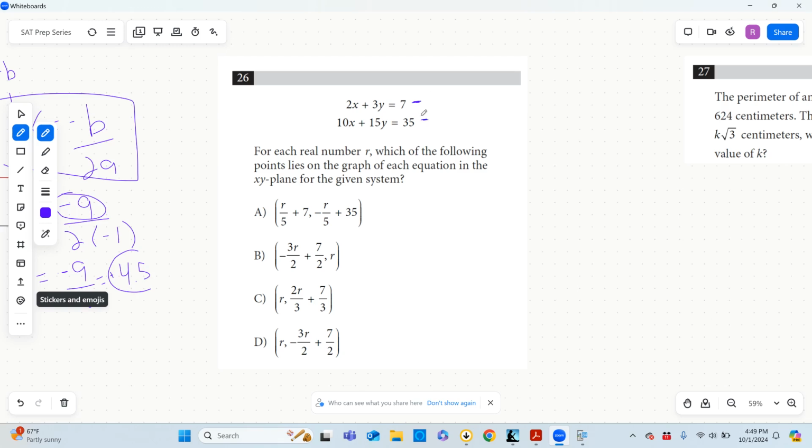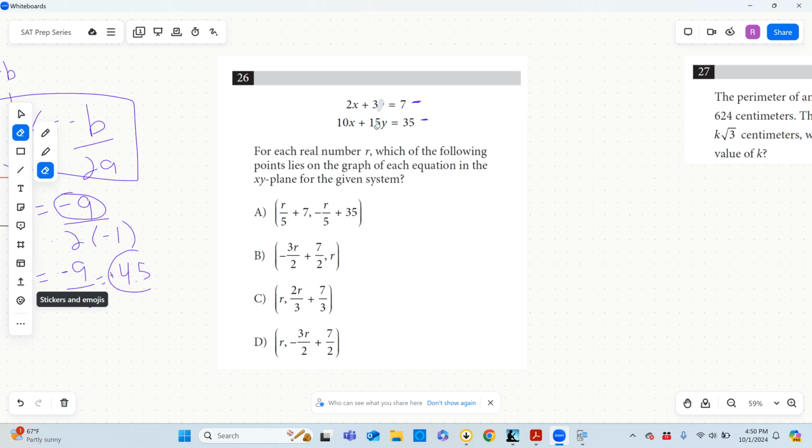But if you were to graph these two things, these two lines would actually lie directly on top of each other. And if you don't believe me, take both of these equations, you can pause the video and isolate y, turn them both into slope-intercept form. And what you're going to see is when you subtract 2x and divide both sides by 3, you're going to get the exact same equation as if you subtract 10x and divide both sides by 15.